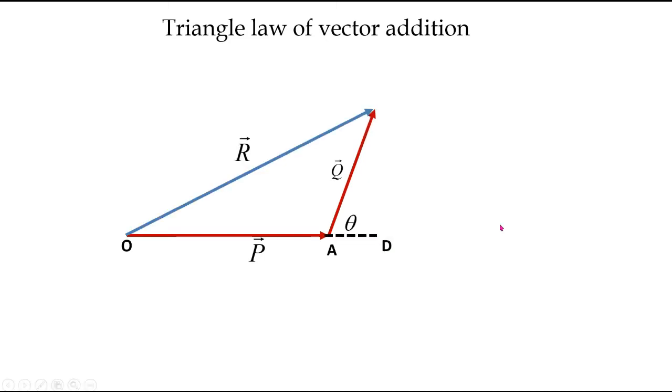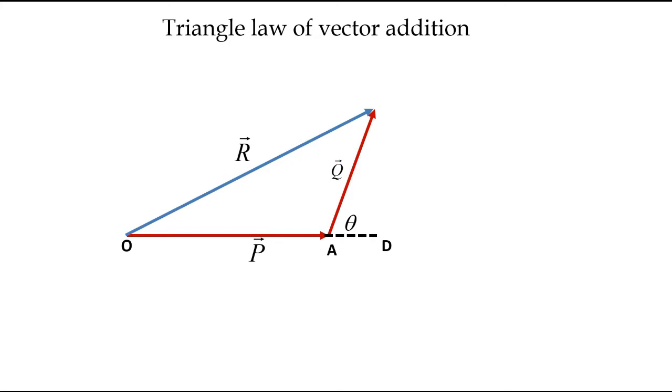Triangle of vector addition. Let us take O as the initial point and P bar as one vector, P bar along the direction of OA. R bar gives the result of the two vectors. So theta is the angle between P bar and Q bar.